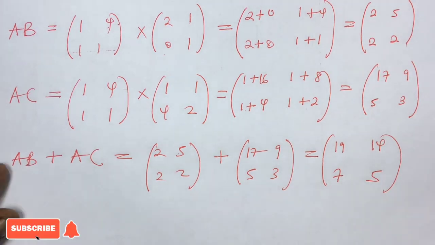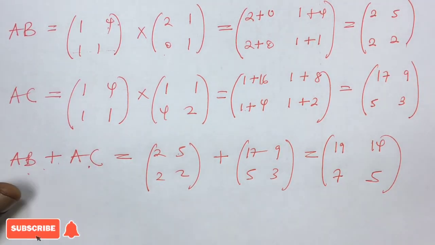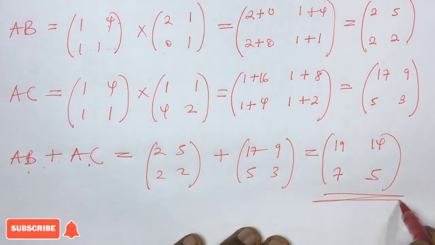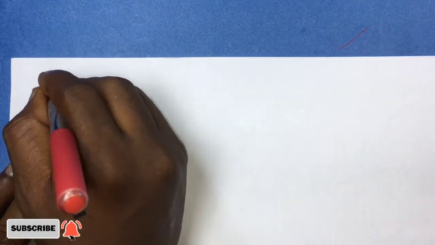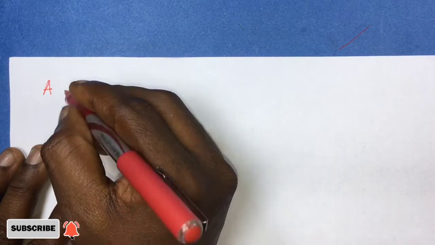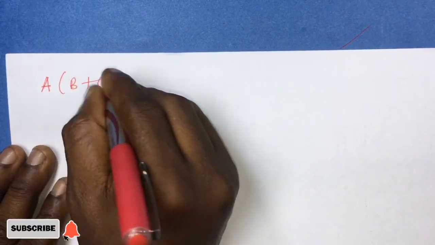That will be the final result for AB plus AC. Okay? Now, I want us to compare this result with what we shall obtain if we calculated A in bracket B plus C.